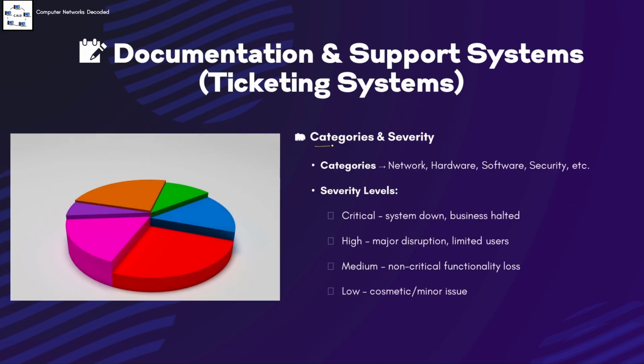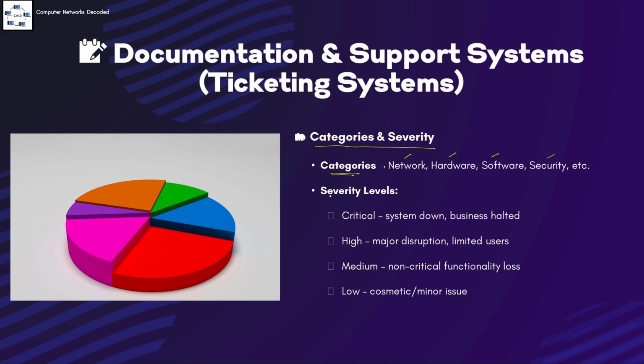So what are some categories and severities of different issues? The categories of the issues are the type of the issue that the user is encountering. The issue may be related to the network, the hardware, the software, or some security issue.